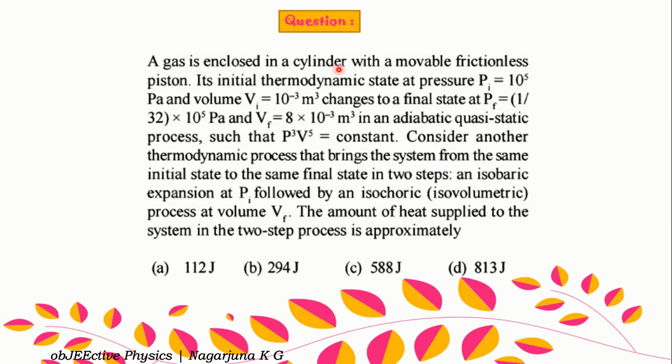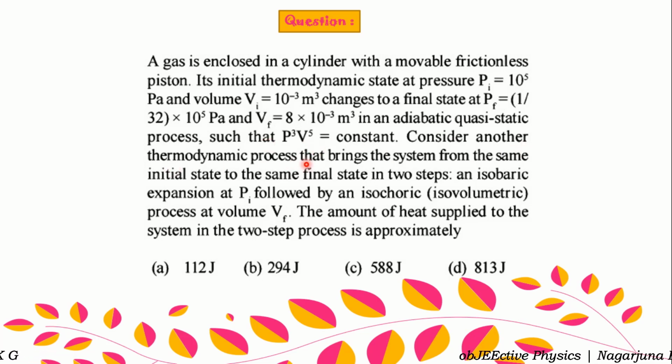A gas is enclosed in a cylinder with a movable frictionless piston. Its initial thermodynamic state at pressure Pi is equal to 10 power 5 Pascal and volume Vi is equal to 10 power minus 3 meter cube changes to a final state at Pf is equal to 1 by 32 into 10 power 5 Pascal and Vf is equal to 8 into 10 power minus 3 meter cube in an adiabatic quasi-static process such that P cube V power 5 is equal to constant.